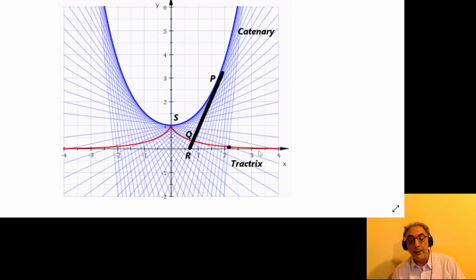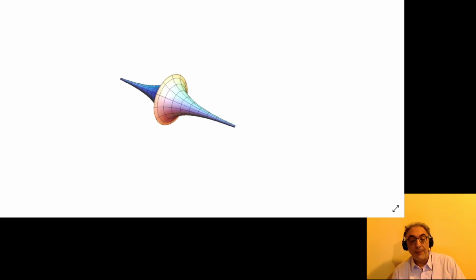In this way, we see, first of all, how the pseudosphere is the complete analog of the sphere in two ways.